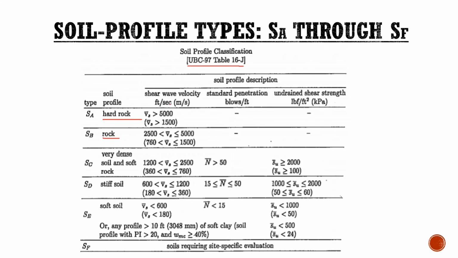So this may vary depending on their shear wave velocity, the standard penetration blows per foot, and also the undrained shear strength. Okay, so all of this, I think, makuha siya sa geotechnical evaluation sa geotechnical engineer.